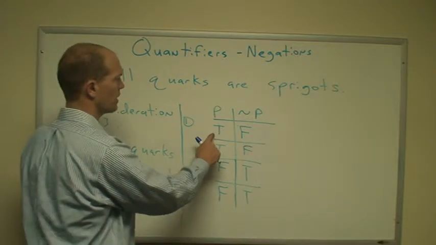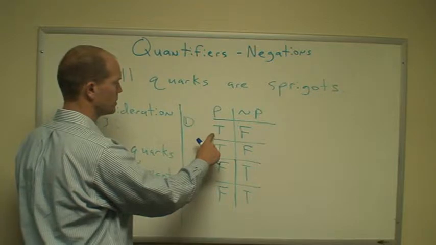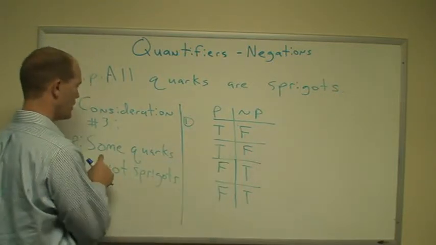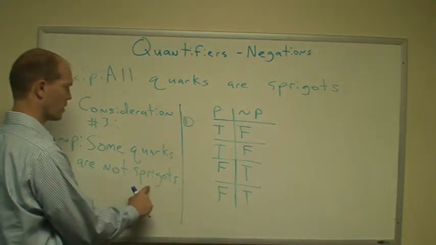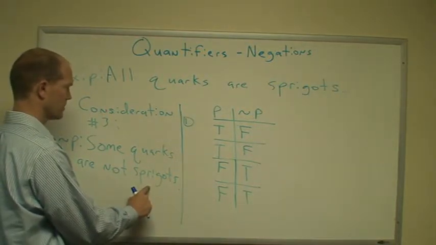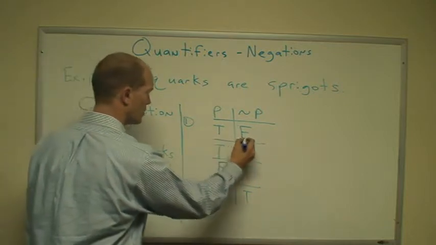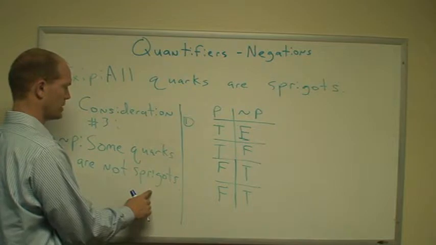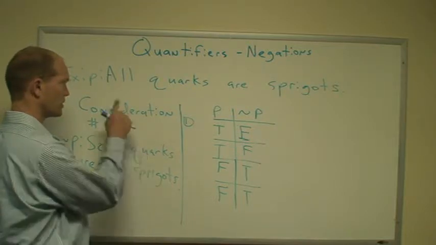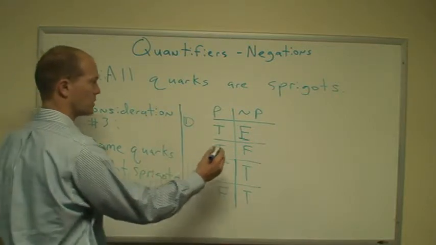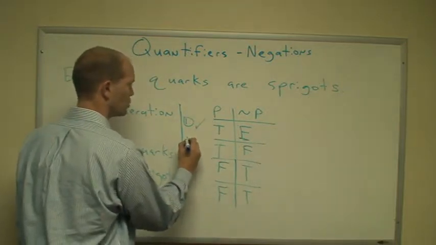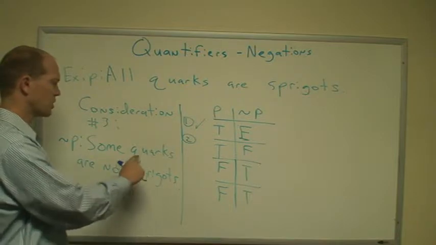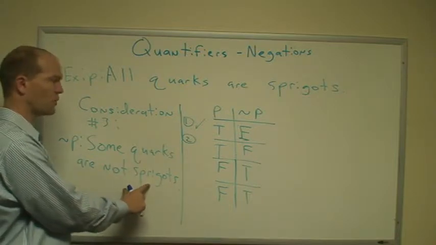Back to the first step here. If it's true that all quarks are spriggans, then it's not true that some quarks are not spriggans. We're saying this statement should be false. There are no quarks that are not spriggans because all the quarks are spriggans. So this is correct. Trying number 2: we assume that "some quarks are not spriggans" is false.